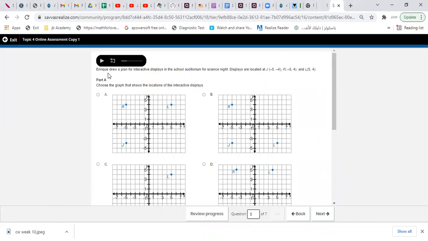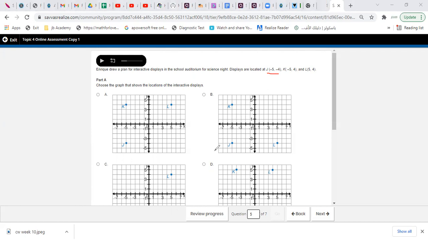Next question. Enric drew a plan for interactive displays in the school auditorium for science night. Displays are located at J -4, -5, -4, K -5, 4, and L 5, 4. Now choose the graph that shows the locations of the interactive displays. Let's start with J, -5, -4.